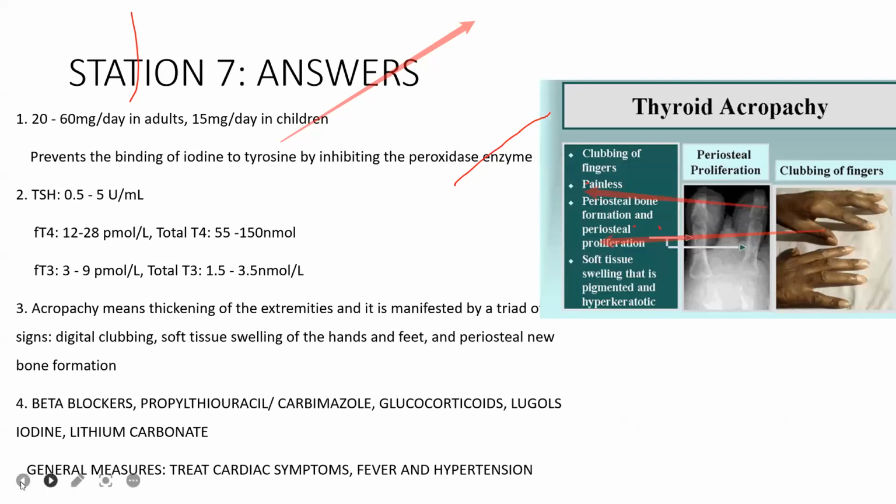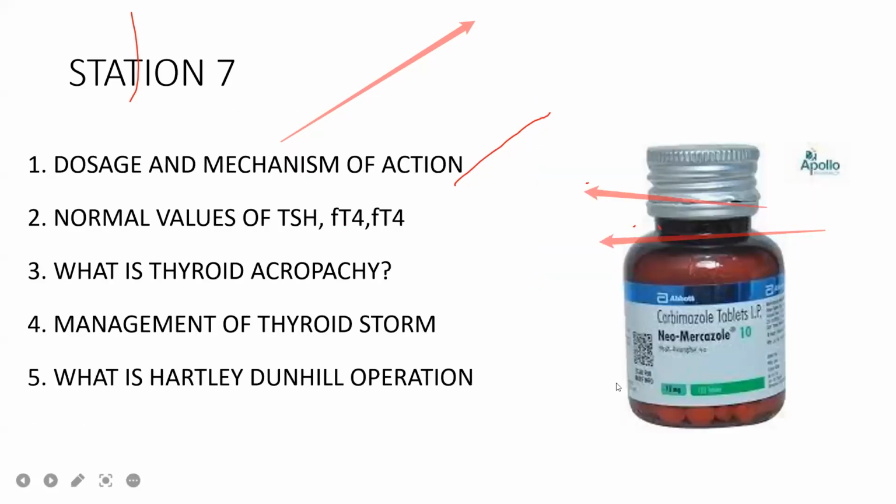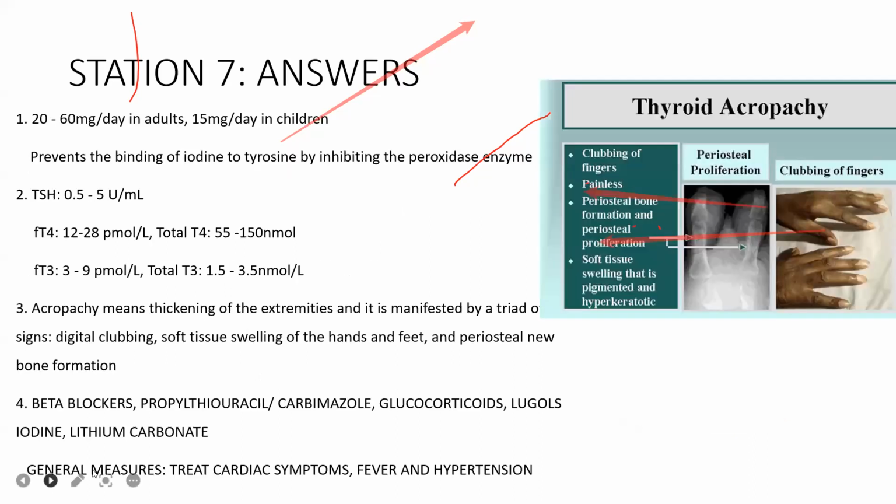Normal values of TSH, FT3, FT4, and TSH, that you should know. Then what is acropachy, thyroid acropachy. And what are the other drugs used along with anti-thyroid drugs in the management of thyroid disease?